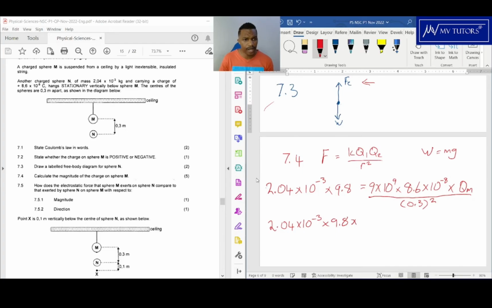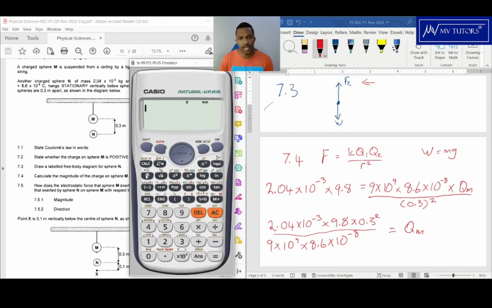So on top comes 0.3 squared, and then at the bottom, if I cross multiply, you get that whole thing of 9 times 10 to the power 9 times 8.6 times 10 to the power minus 8. All of this will give me qm, which is what we are looking for, the magnitude of the charge of sphere M.